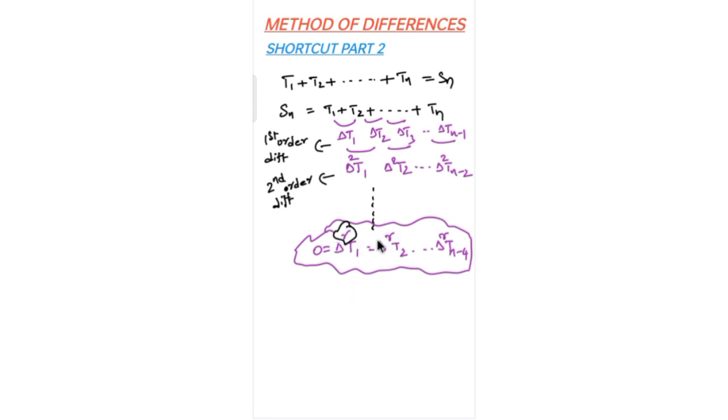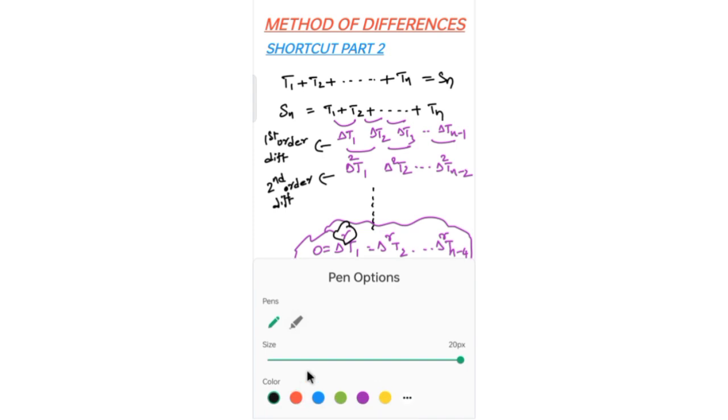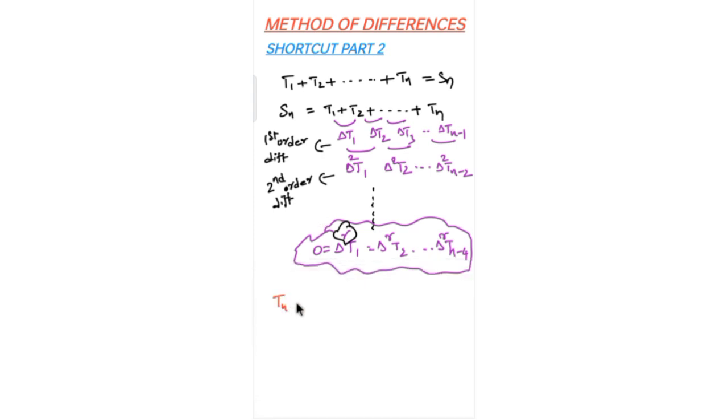Now if it is R, at the point of R we are getting all the differences between all the differences to be 0, then the Tn can be written as follows.